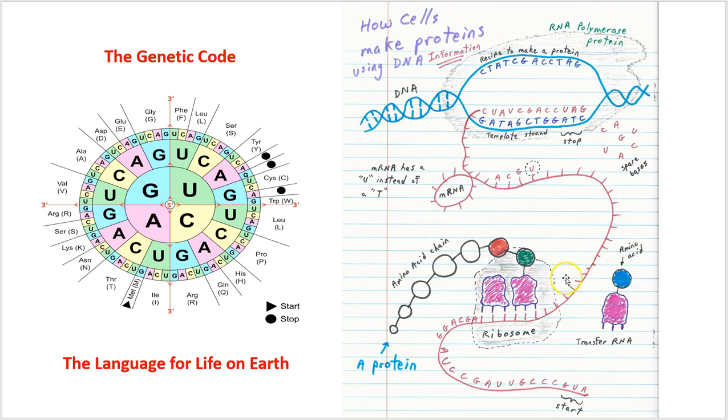And as the ribosome moves down the messenger RNA molecule, amino acids are linked together according to the sequence of triplets in messenger RNA. So this is how cells are building proteins. The sequence of DNA letters is being converted into a sequence of amino acids, which is what a protein is, a chain of amino acids.